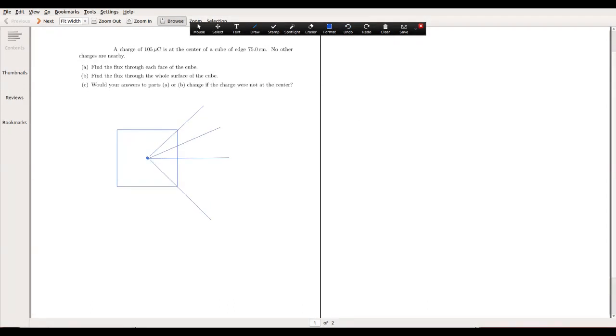We'll draw a few more lines just to give a feel for this. So that's your electric field lines. They're all outward.